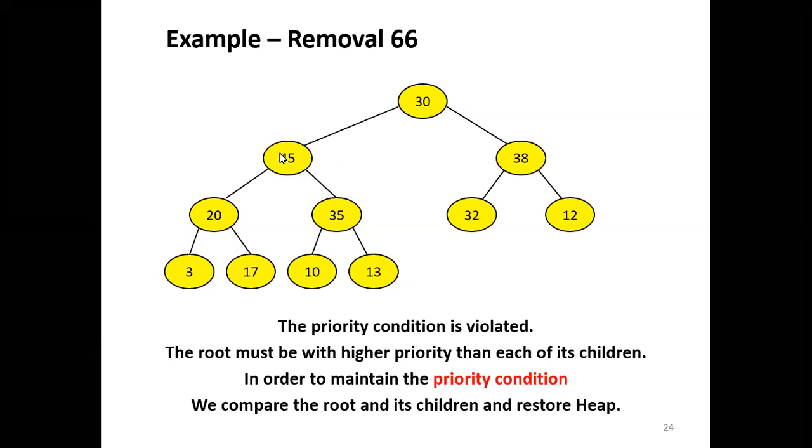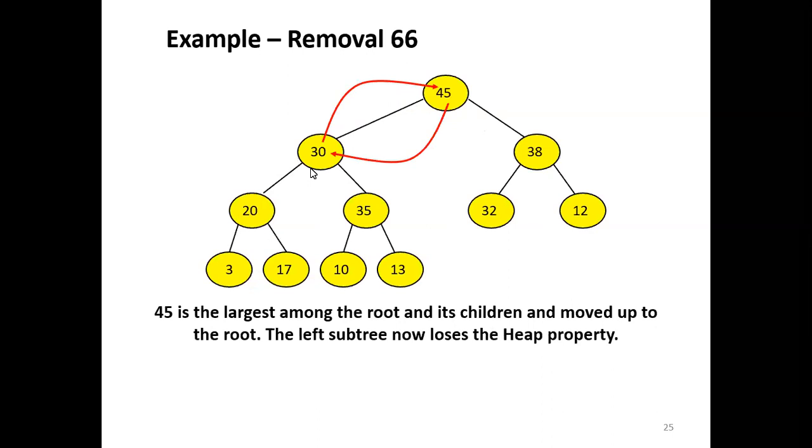To decide, we have to compare these two sub-root nodes. The two sub-nodes are 45 and 38, and 45 is larger than 38. So we have to swap it with 30. If we perform the operation, 30 will move to this place, and this side of the tree is completely settled.